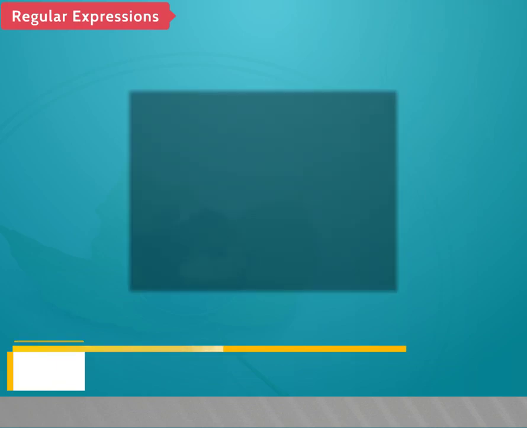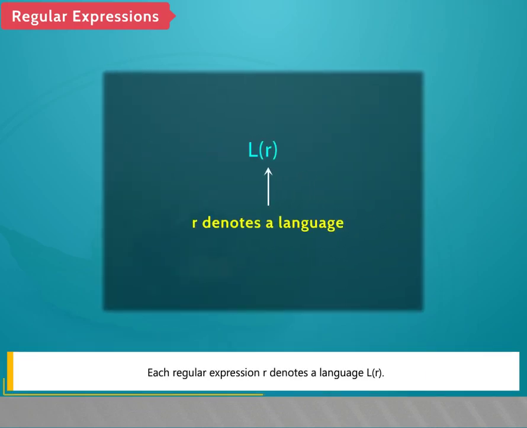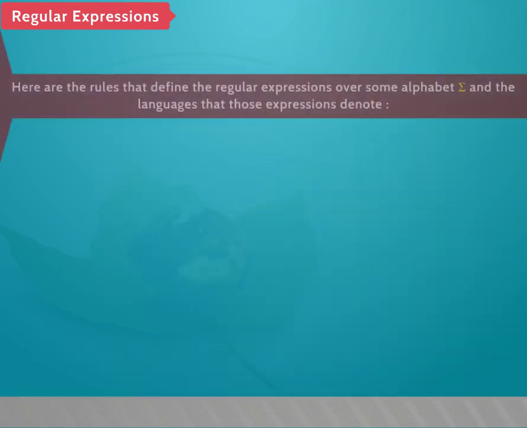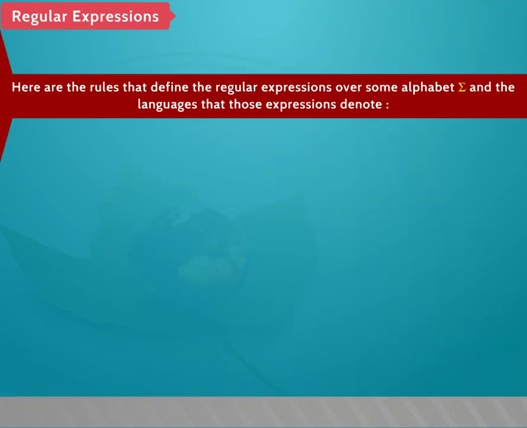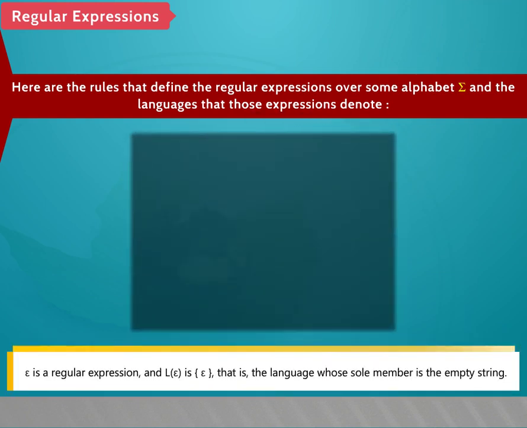Regular expressions. Each regular expression R denotes a language L(R). Here are the rules that define the regular expressions over some alphabet Σ and the languages that those expressions denote.